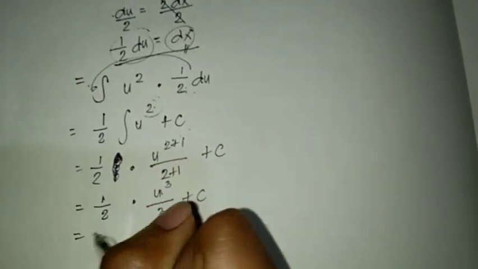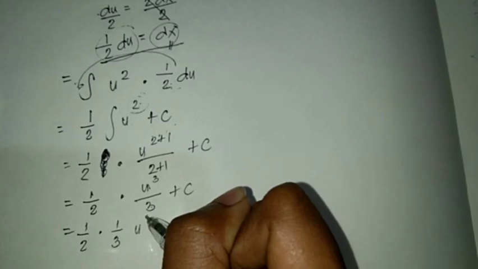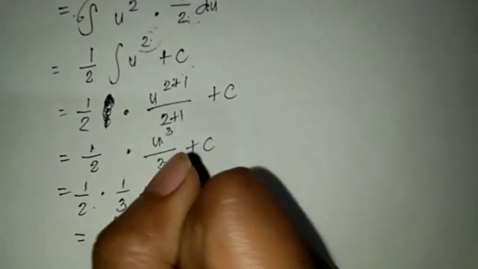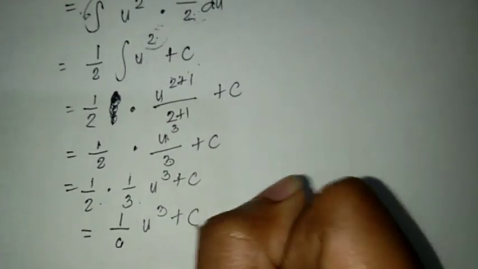So it is equal to 1/2 times 1/3 u to the power of 3 plus c. So since we have two fractions, we need to multiply them. So therefore, we have 1 times 1 equals 1, 3 times 2 equals 6. So 1/6 u to the power of 3 plus c.